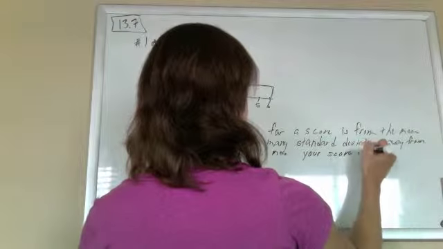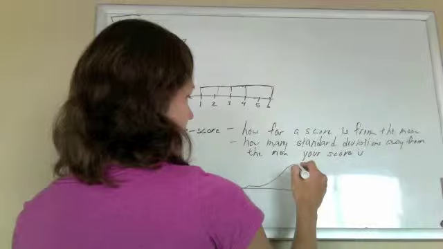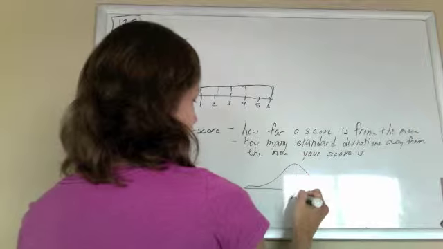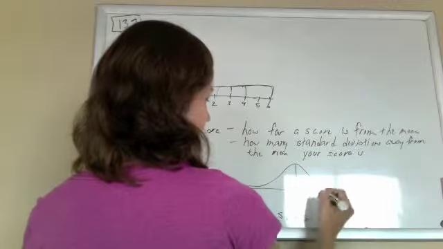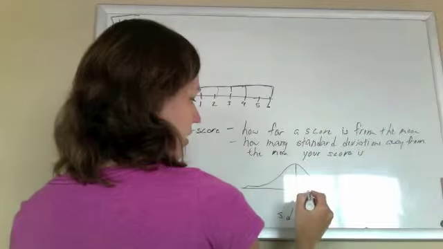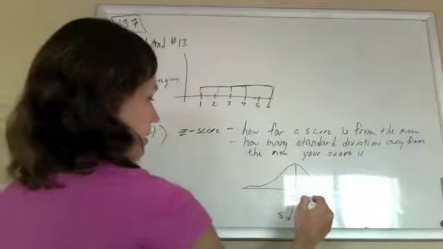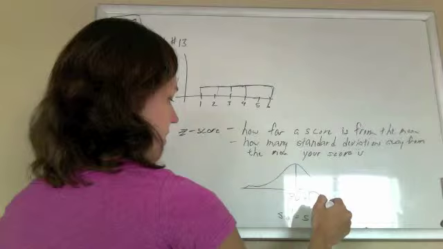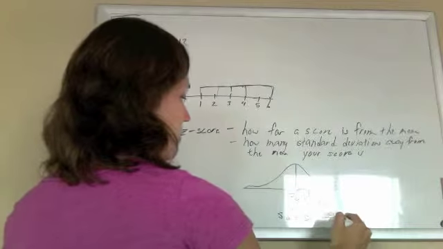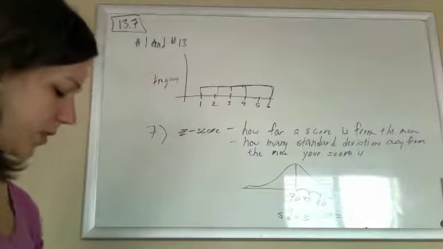Let's say you had a test and the average score on the test was 70 with a standard deviation of 5, and you scored an 80. You are 2 standard deviations away from the mean, because 1 standard deviation away would be 75, 2 standard deviations away is 80, so your z-score would be 2. And that's the idea of z-scores.